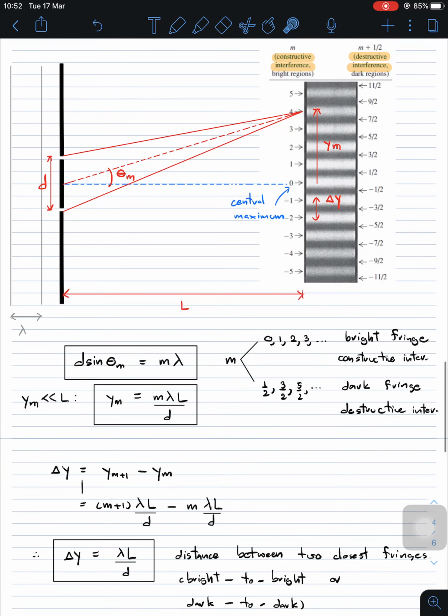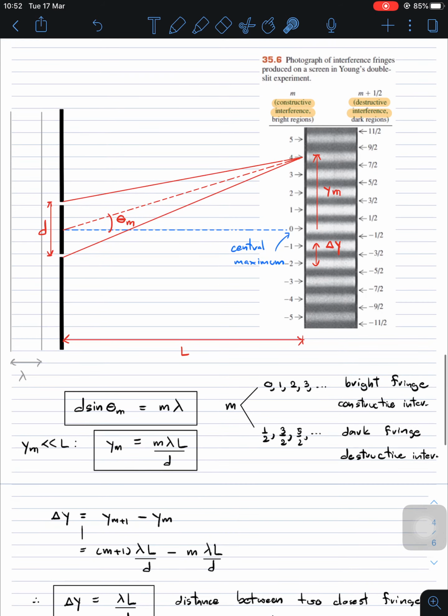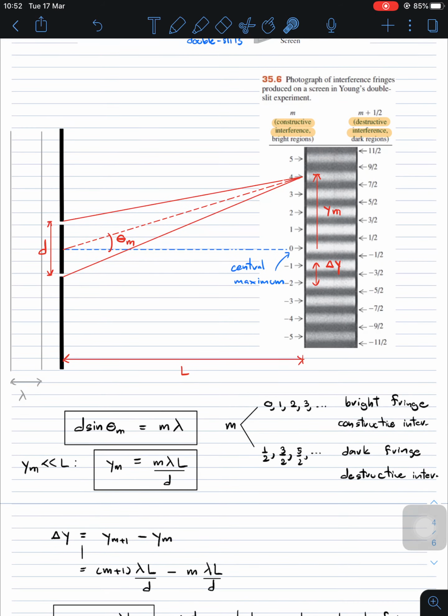Okay, so now I just want to derive this equation for you. How can we get this equation? Let's derive this one. From this picture, this is the screen.